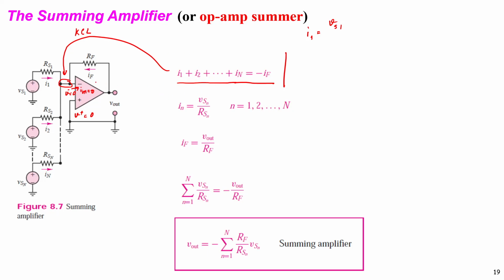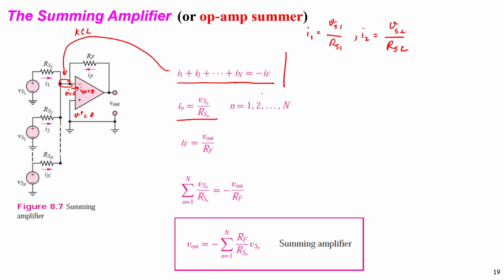So I1 will be Vs1 minus zero divided by Rs1. Similarly, I2 will be Vs2 divided by Rs2. And for any branch on the left hand side, In is Vsn divided by Rsn.